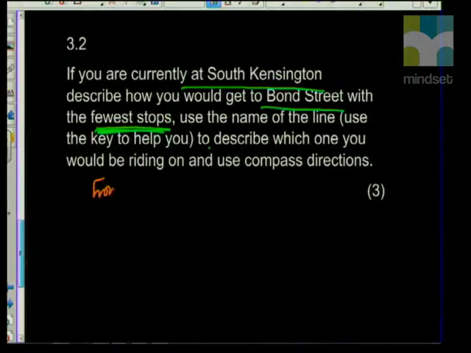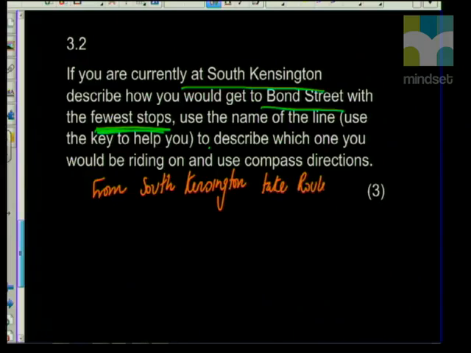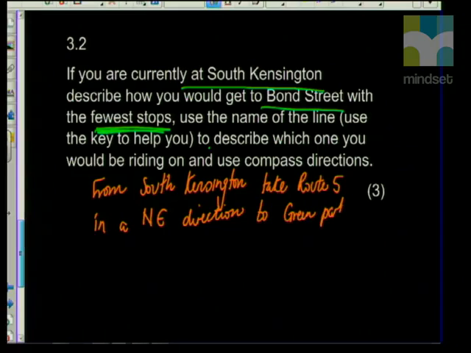From South Kensington, take Route 5 in a northeasterly direction to Green Park. Okay, so that's the first part of my journey.